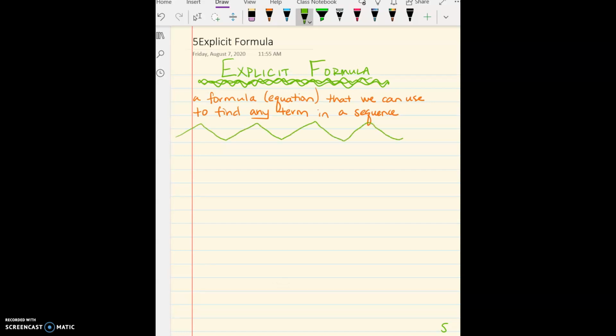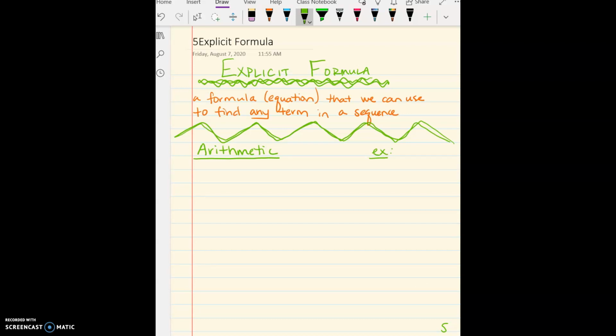I'm going to split this page up. We have a specific explicit formula that we're going to write down for our arithmetic sequence. And then I'm going to give you guys an example based off the growing dots that we just did.